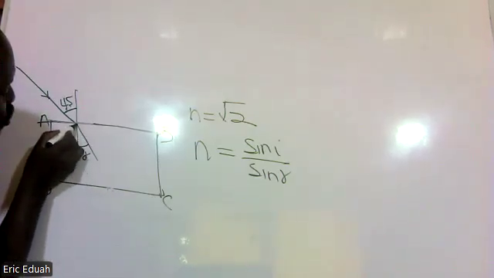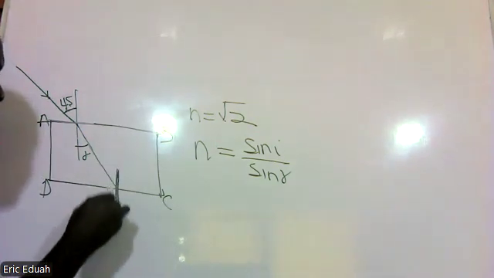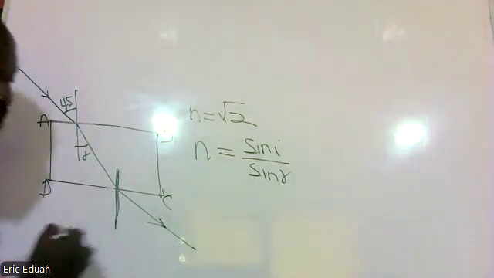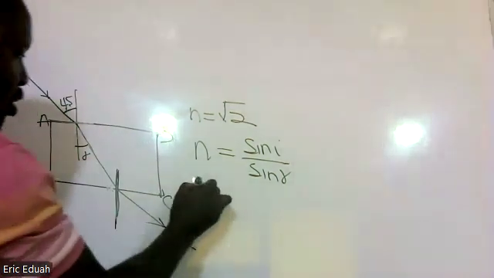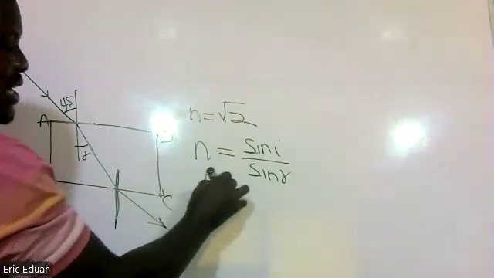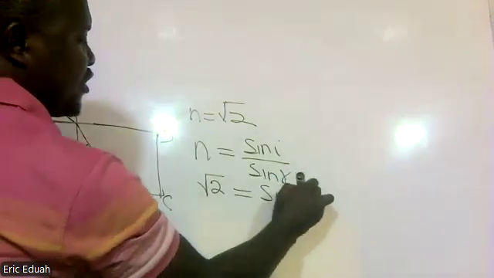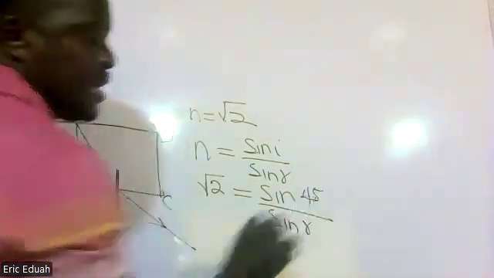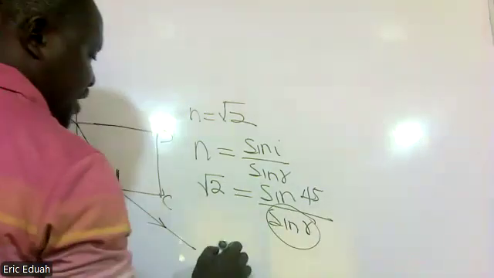We are being told that the light will emerge into the air with an angle of refraction of 90 degrees. So if the refractive index is root 2, and we have sine 45 divided by sine r, it means we are to calculate r. We are looking for the angle of refraction.